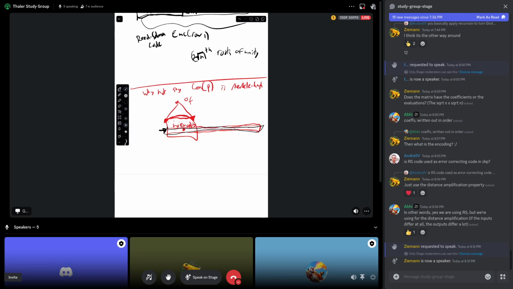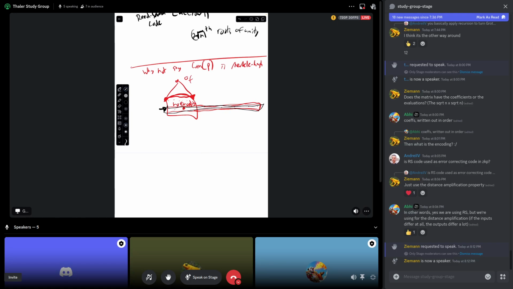At that point, if you do Reed-Solomon encoding, you would be treating every coefficient as an evaluation, and then extending it by evaluating at more points. Exactly. That's exactly right. Oh, okay, that's fine. I was confused with that.